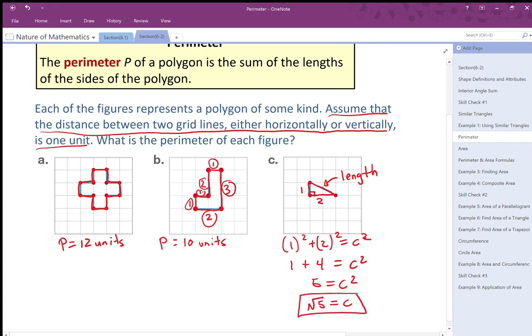So we have the square root of 5 is equal to c. So the perimeter is equal to 1 plus 2, which is 3, plus the square root of 5. 3 plus the square root of 5 gives us about 5.24.